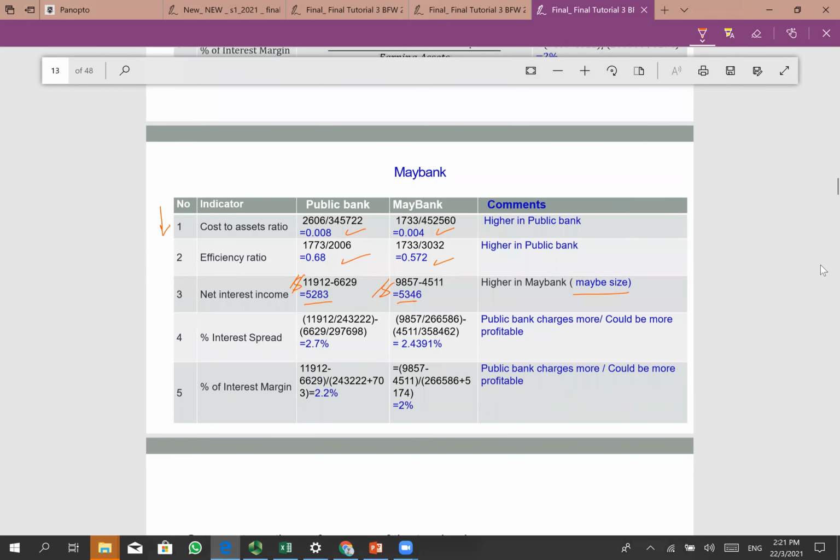Now I went to the interest spread, which means how much they borrow and how much they lend. The spread is 2.7, while here it is 2.43. And I found the interest margin, how much they take. These people take 2%, these people take 2.2.